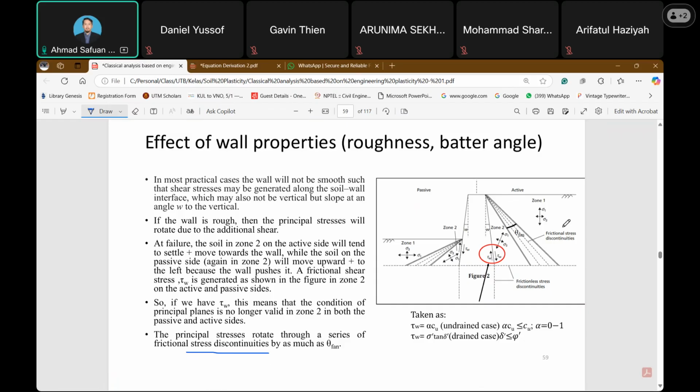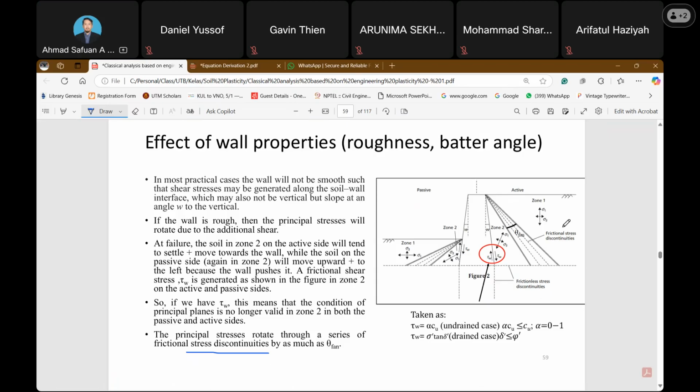So at failure, the soil in zone 2 on the active side will tend to settle and move towards the wall. It combines settling downward and, at the same time, moving toward the wall.